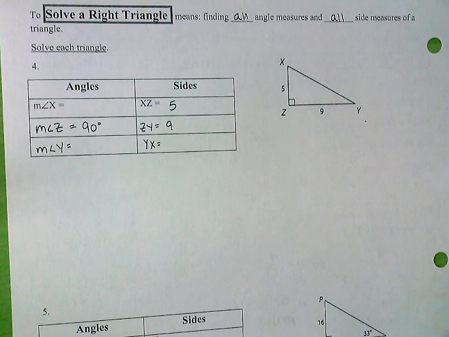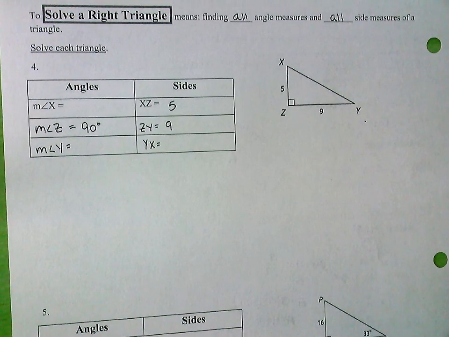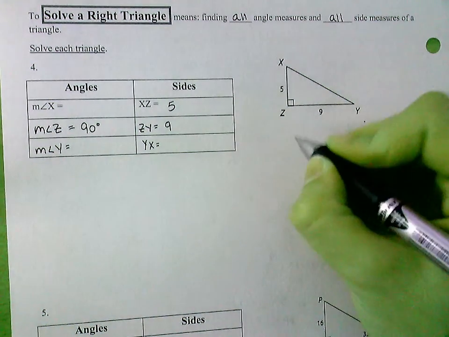When you're given this right triangle, you'll have 3 measures given to you already. It could be 2 angles and one side, or it could be 2 sides and one angle. You'll have 3 measures. You have to find the other 3. So in this case, if I have a right triangle and I know 2 of the sides, how can I find the third? Do you remember? Pythagorean theorem.